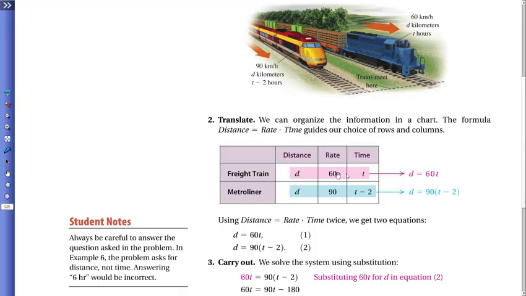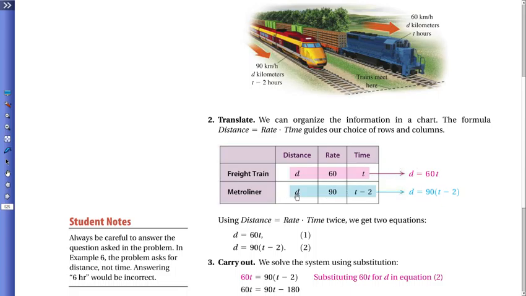So for the freight train, distance equals rate times time, right? We don't know the d, but we have defined that as the distance it travels, which would be the same distance that the Metroliner travels. Its rate is 60 kilometers per hour, and t is time. We're not sure how long it takes.